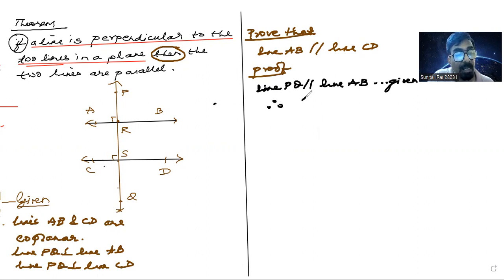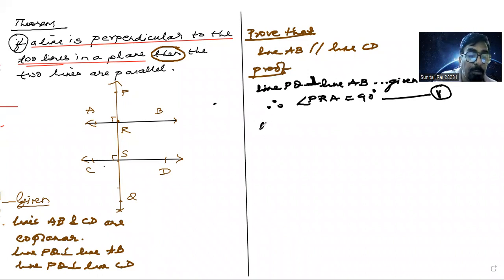Therefore, can I say angle PRA is equal to 90 degrees? Can I call it figure number 1? I repeat, children, line PQ is perpendicular to line AB. Given it. So PRA is 90.